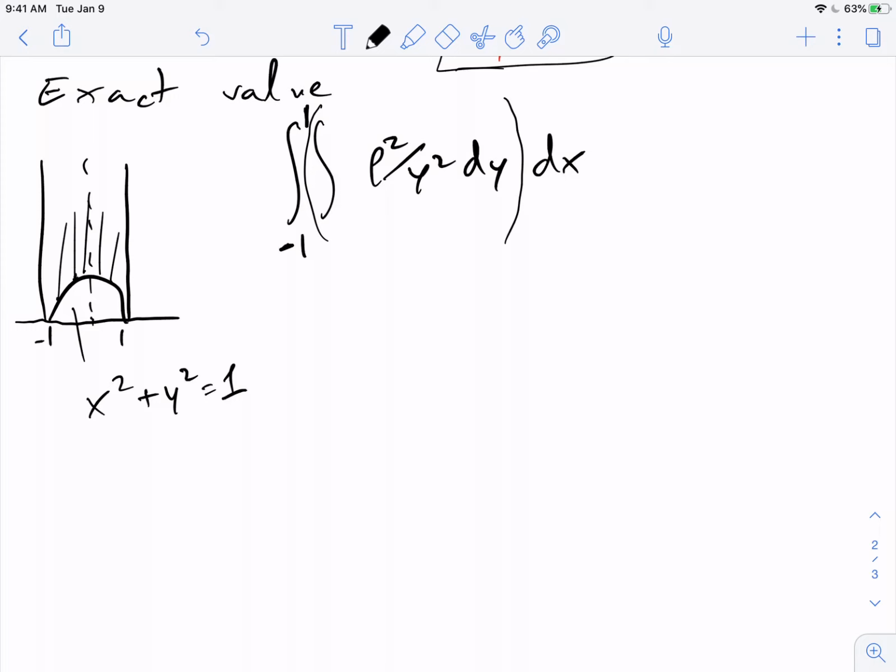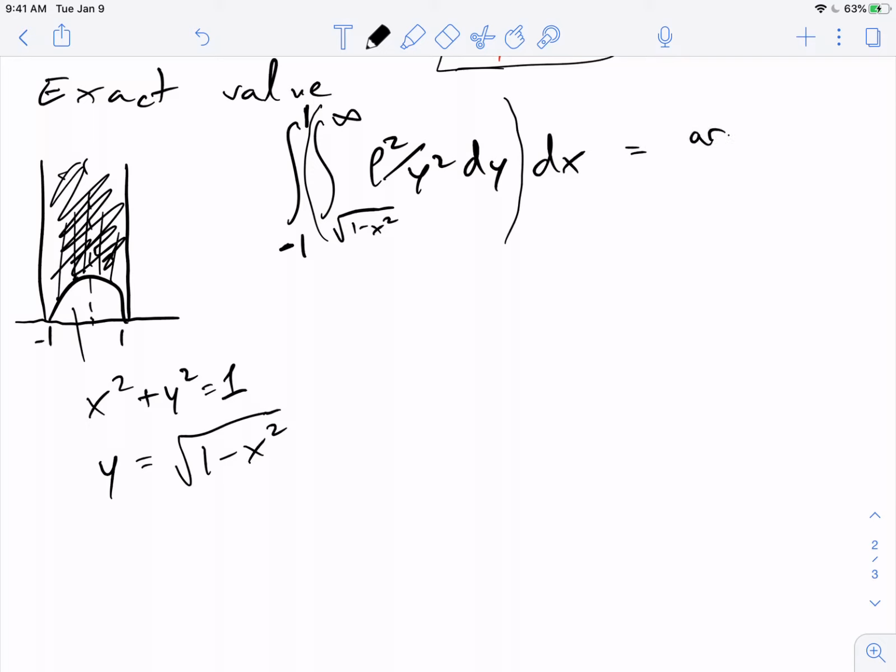Well, the circle, at least the upper part, is given by the positive square root of 1 minus x squared, right? And so I'm looking at all y values above that to get this ideal triangle. And so my y bounds go as a lower bound from the square root of 1 minus x squared, and as an upper bound, I'm going to infinity.